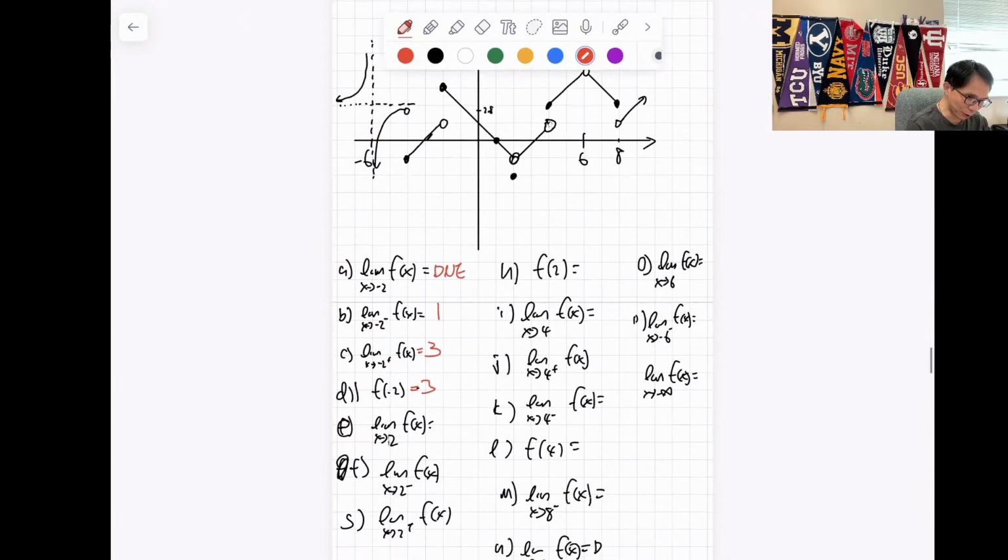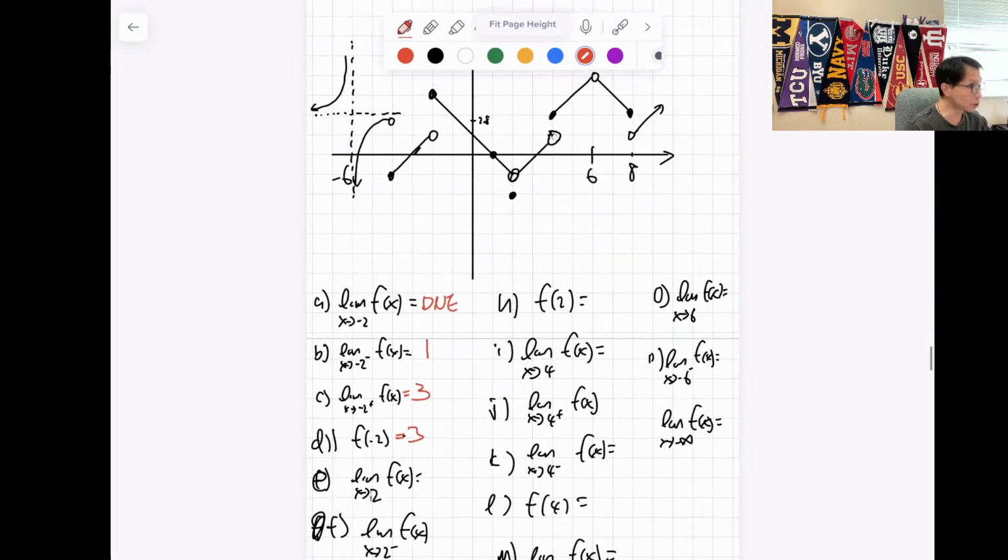So let me ask you one more question. What happens when the limit as x approaches 2? Make up your mind. Which one is it? Baden, why do you think it's -1?